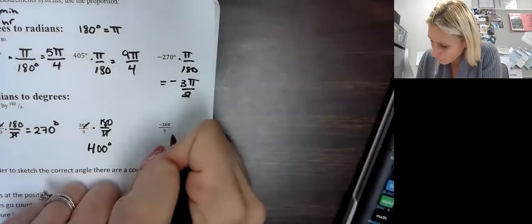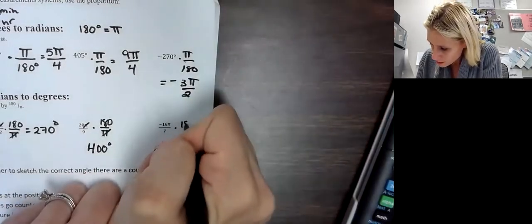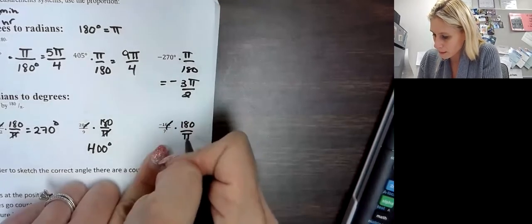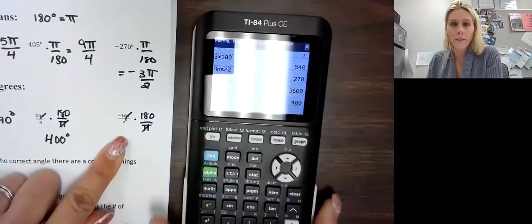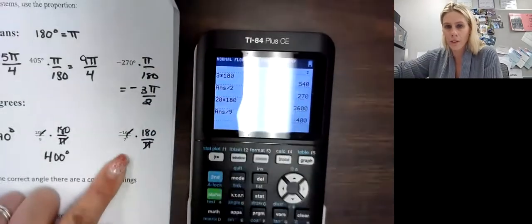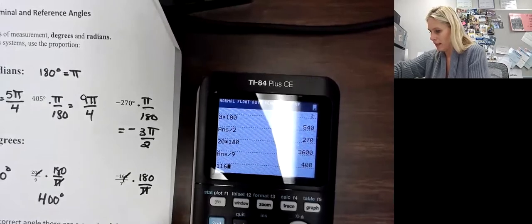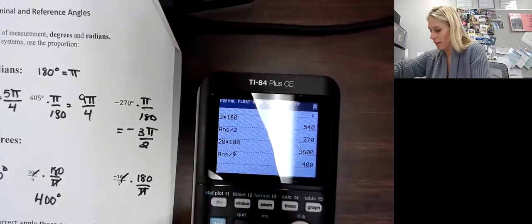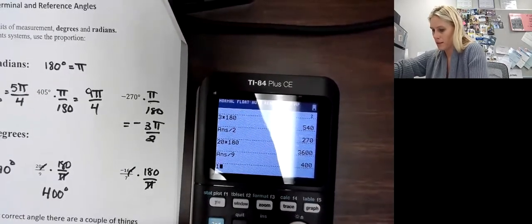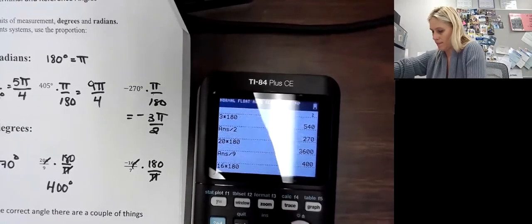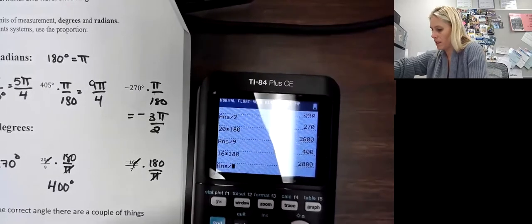Oh, we have a negative over here. So we know it should be a negative degree. Pi's cancel. Again, it's okay if you put in the negative or you don't. Sorry for the glare, guys. So I get 16. Can't do it with my left hand now. 16 times 180. Divide by that denominator.